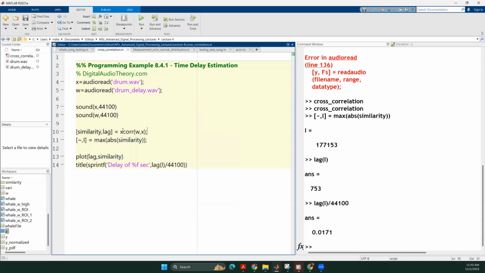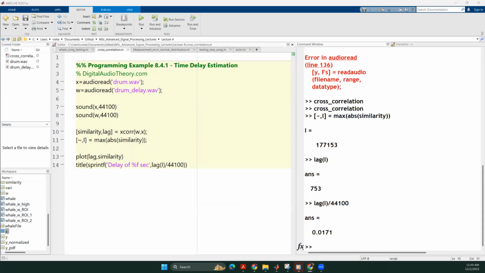Cross correlation, which we discussed in today's class, is a concept defined for two different signals. I don't know whether you can remember that.